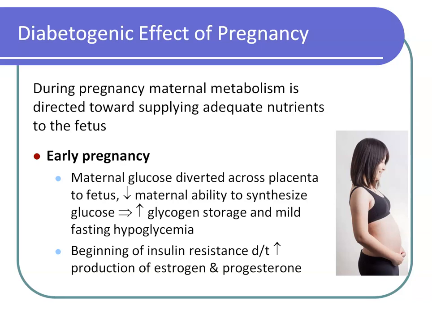This results in an increased glucose storage, which is good for the fetus, but it also causes a mild fasting hypoglycemia for mom. The normal blood sugar range is considered 70 to 110, and in a normal pregnancy, it usually hovers around the 70 range, especially early in pregnancy.